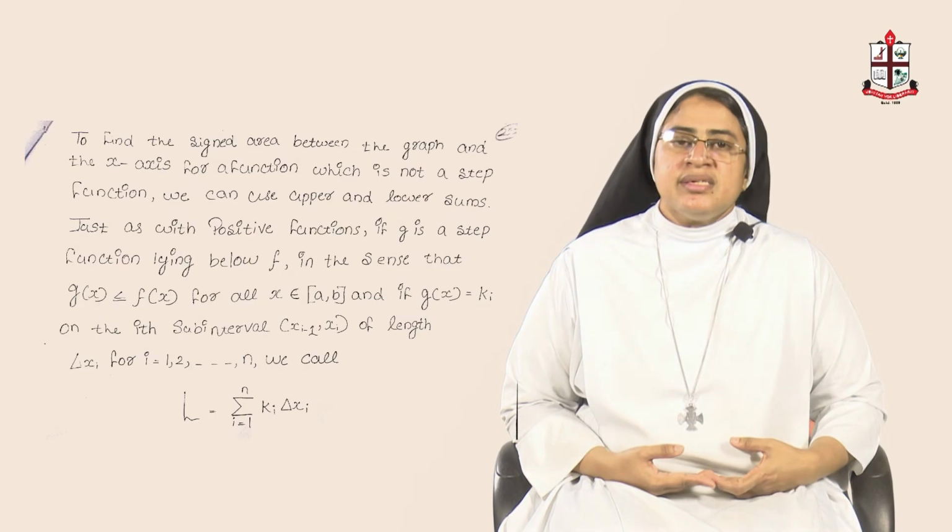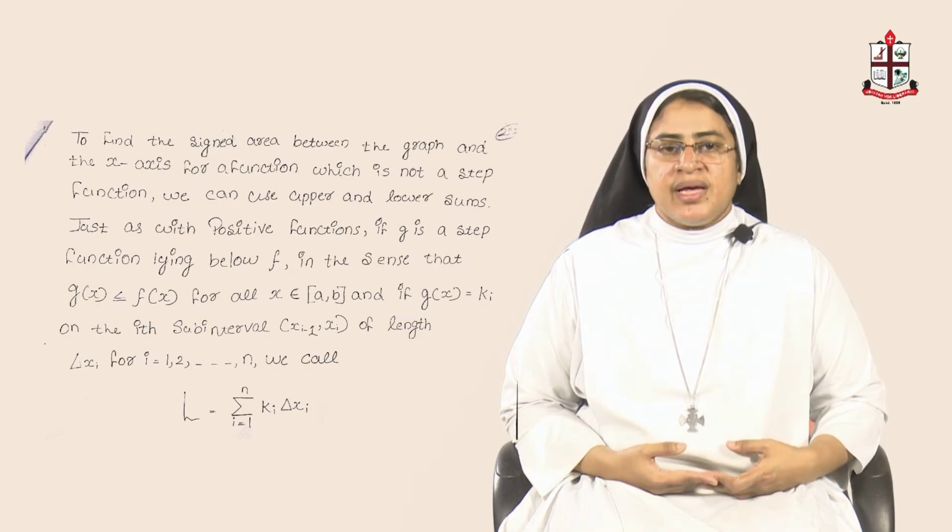To find the signed area between the graph and the x axis for a function which is not a step function, how will you do that? For that we can use the upper and lower sums, just as with positive functions.